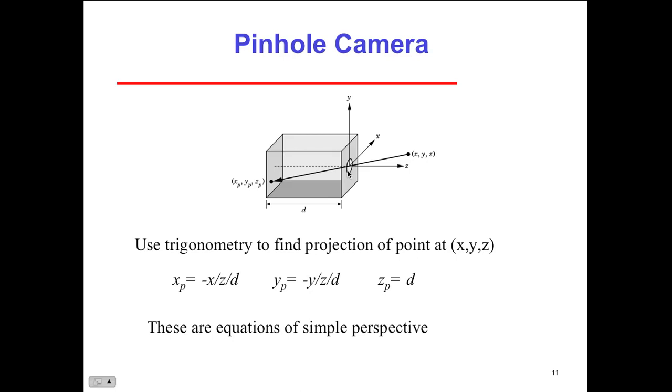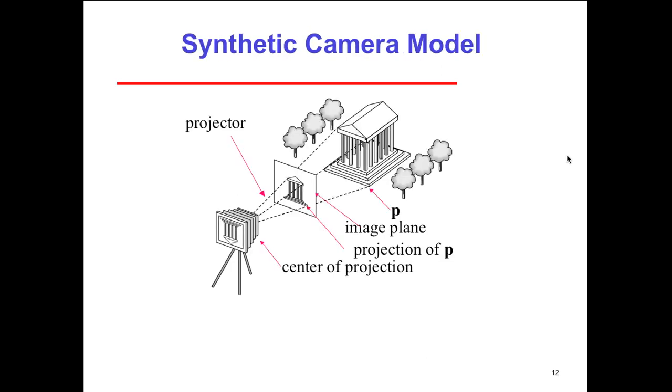If I had a flashlight and held it at a particular angle, where would the light go? What would it illuminate? That's where we get our illumination. So there are equations of simple perspectives to be used. And lucky for you, you don't have to do this manually. The OpenGL library does it for you. That's why I can't wait to show you the OpenGL library.